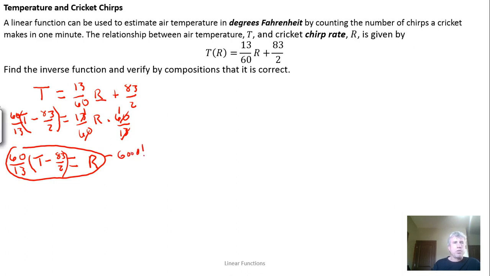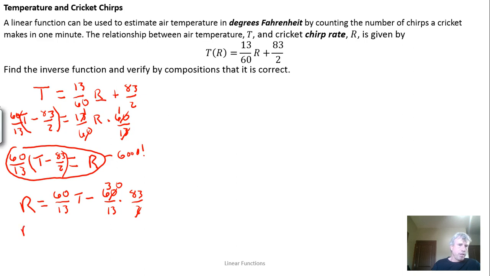We could distribute the 60 over 13 into the parentheses if we needed to get this into slope-intercept form. So we could generate the function r equals, by flipping both sides over the equal sign, 60 over 13 times t minus 60 over 13 times 83 over 2. The 60 divided by 2 will equal 30.